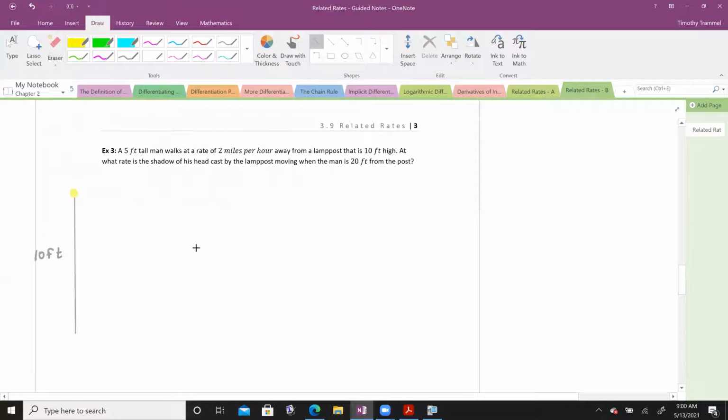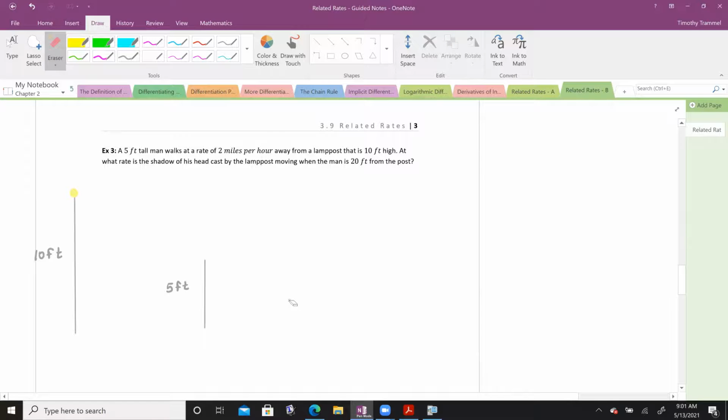When I say sketch in the person, I'm going to sketch in a line. Here's a line. Hopefully it looks about half the length. I'm going to write 5 feet here. And the idea is the light coming from this, the top of our shadow is going to create this triangle here.